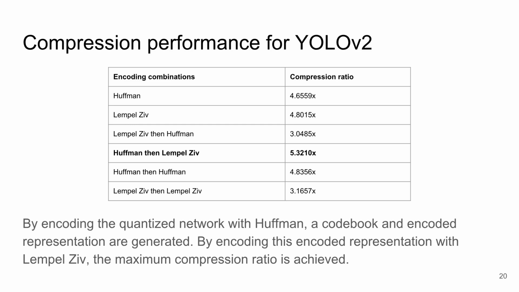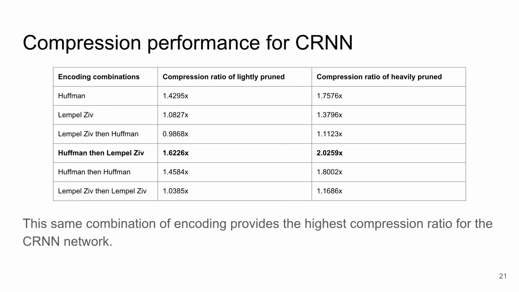And this worked for the YOLO V2. Then moving on to the CRNN, again, we simply applied Huffman and Lempel-Ziv, and again, we see that the best way to apply these algorithms is to first do the Huffman code and then apply the Lempel-Ziv algorithm on the result of the Huffman. And so that was a great thing, that we had consistency.